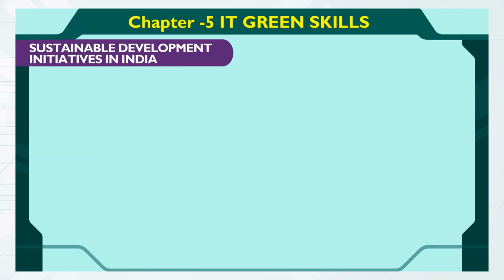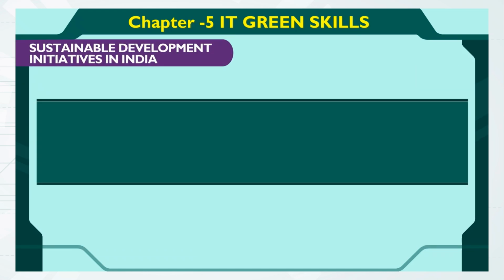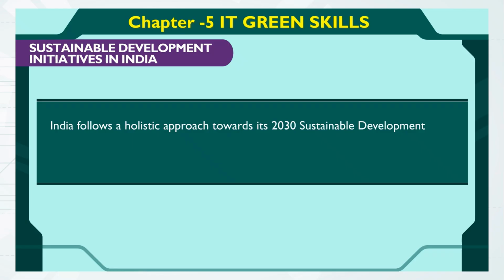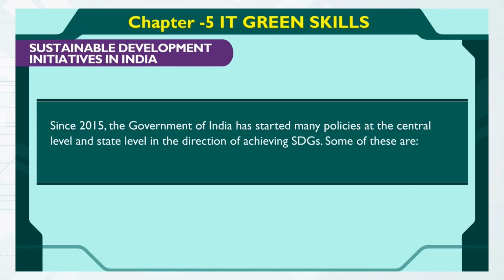Sustainable Development Initiatives in India. India follows a holistic approach towards its 2030 Sustainable Development Goals (SDGs) by launching various schemes. Since 2015, the Government of India has started many policies at the central level and state level in the direction of achieving SDGs.